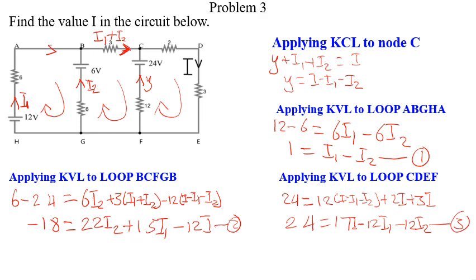So we simply now solve the three equations simultaneously. After solving them simultaneously, we get our I. They told us that we should find the value of I. So we get our I as 1.58 amps and I1 as 0.62 amps and I2 as minus 0.39, approximately 0.4.